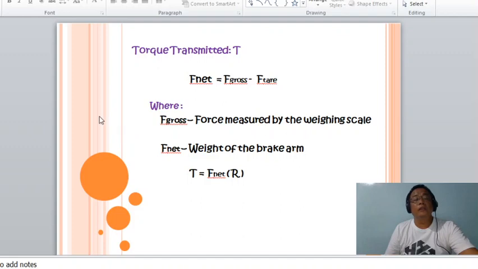So the torque now can be determined where F net equals F gross minus F tare. So what is this F gross? The F gross is the force measured by the weighing scale. And the F tare is the weight of the brake arm. So we have to deduct the weight of the brake arm. Okay?